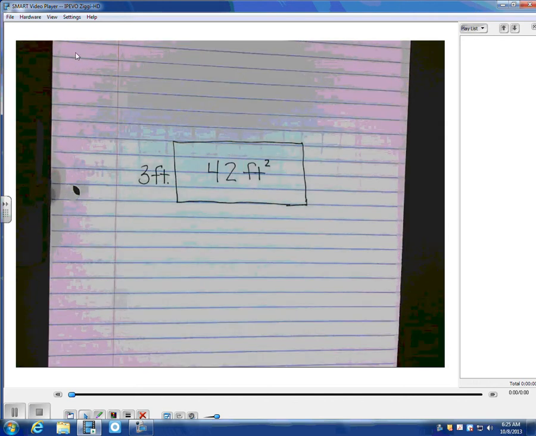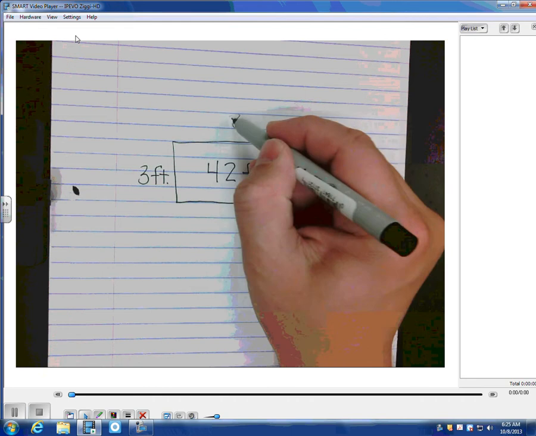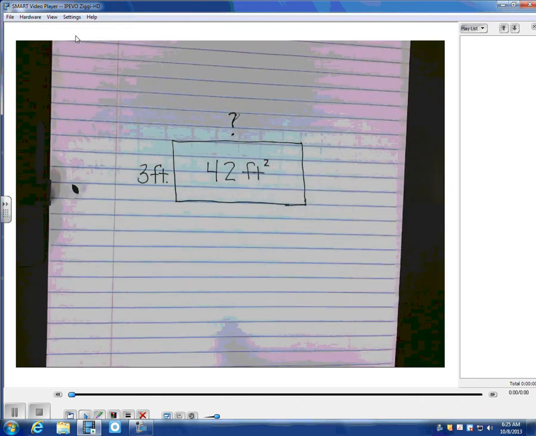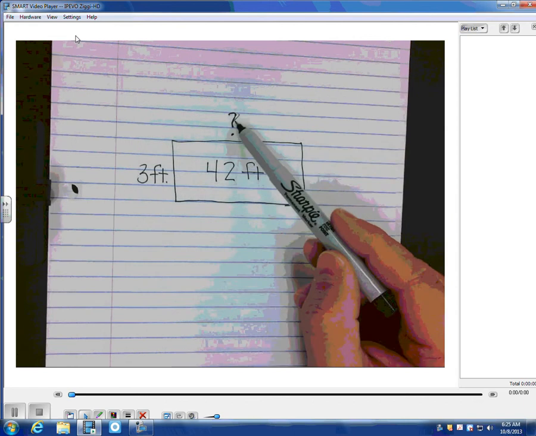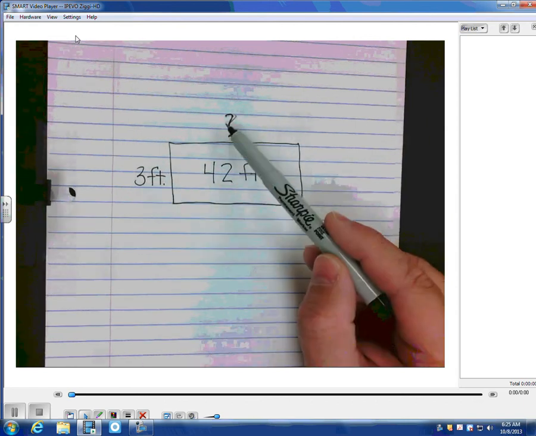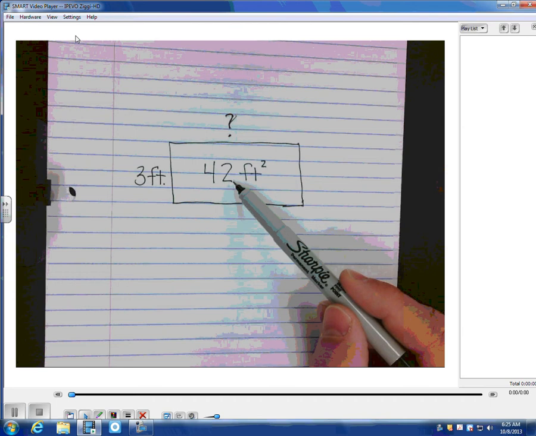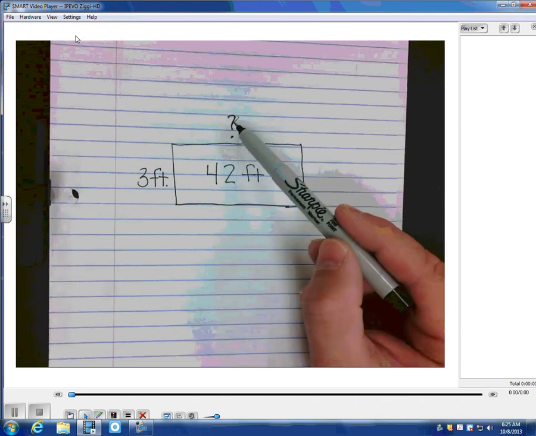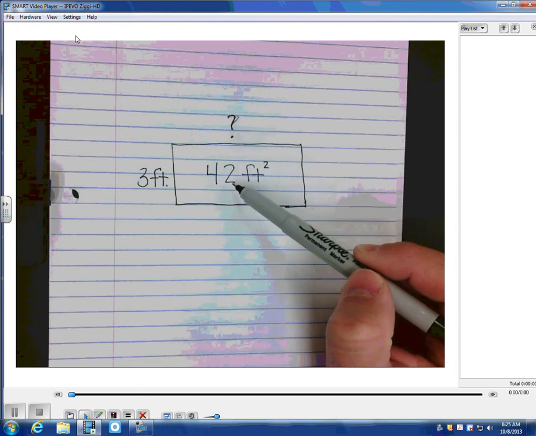We need to determine what this number is. We don't know this number, but I do know if I have this number and this number, I multiply those two together to get this number. That's how we find area. So this time, this is missing, but they give us the total area.